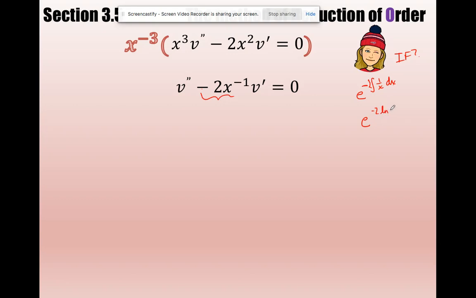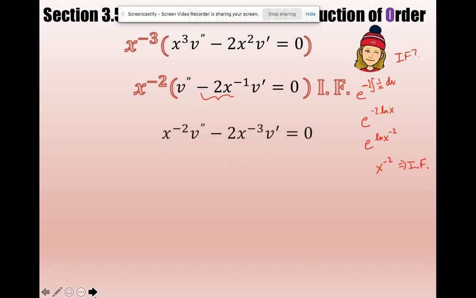I'm going to assume x is greater than 0, so I can drop my absolute value. There's my integrating factor. So I'm going to multiply everybody by it so that I recognize the product rule in reverse.